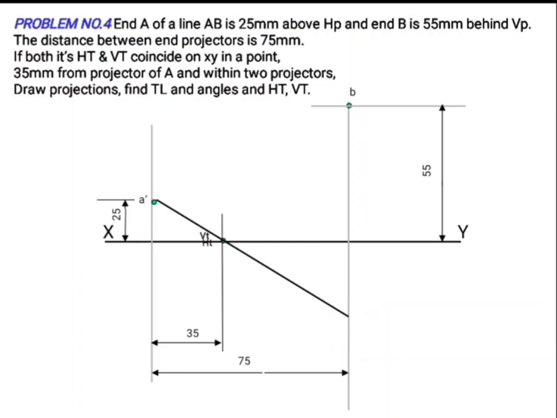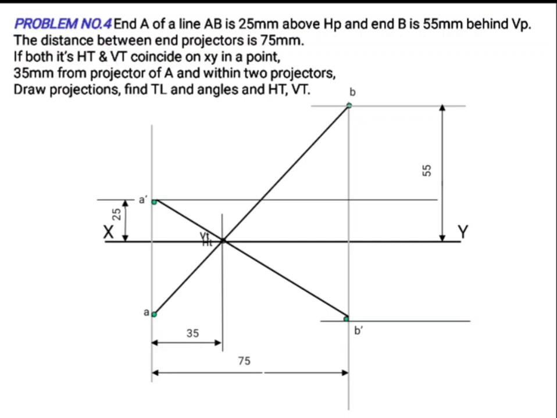Similarly, I can join point B with this common point and extend that line to get this intersecting point, which is point A. So A dash, B dash and AB are obtained. Now the true length line can be obtained by rotating this A dash B dash in the upward direction, making it horizontal and projecting it in the upward direction to get this intersecting point, which is B1.